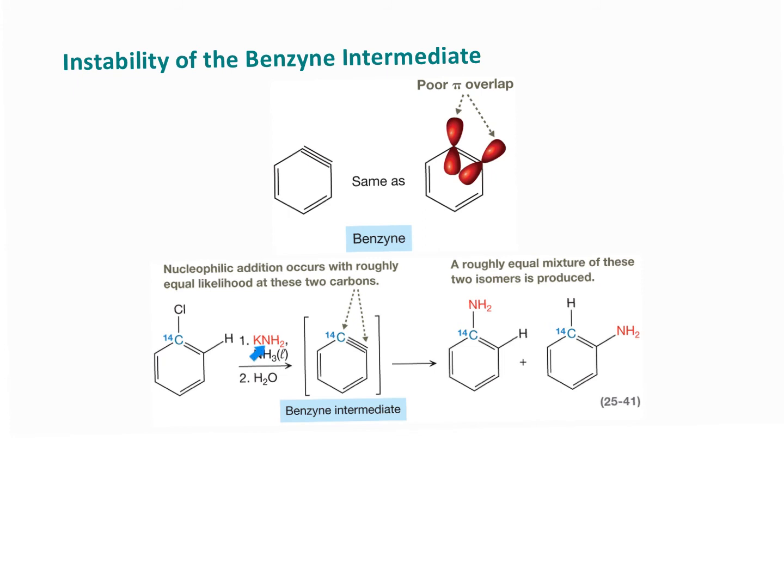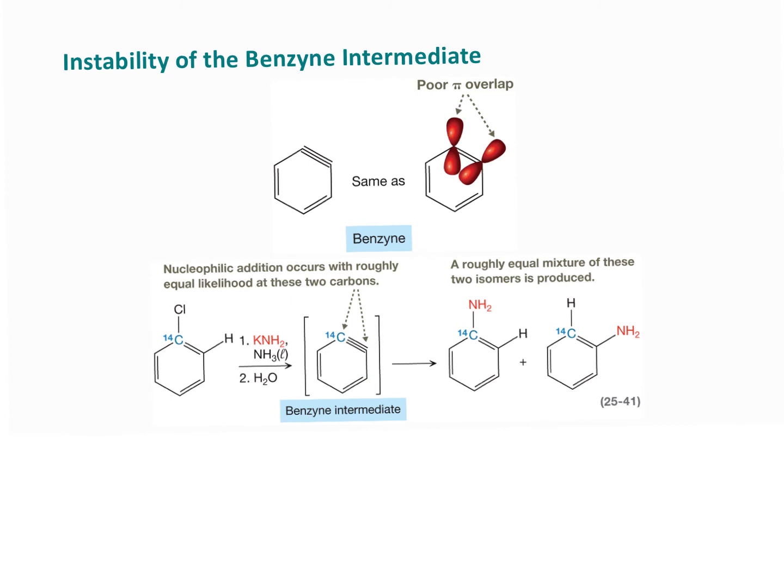When it reacts with KNH2, it produces roughly equal mixtures of two isomers of aniline, where the NH2 group is bonded to the carbon 14 in one isomer, and to a carbon 12 in the other isomer. These results are consistent with benzyne's symmetry around that triple bond, so that nucleophilic addition to benzyne occurs with essentially equal likelihood at both alkyne carbon atoms.